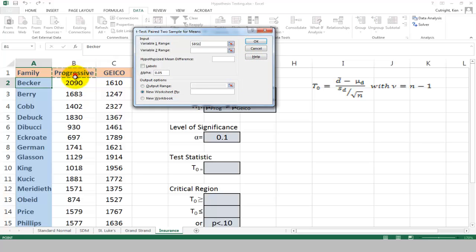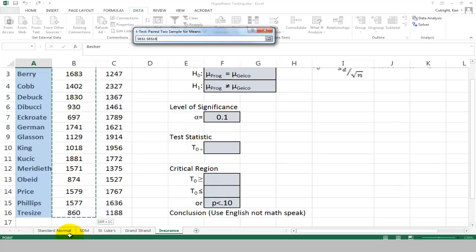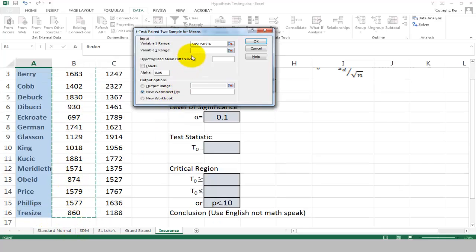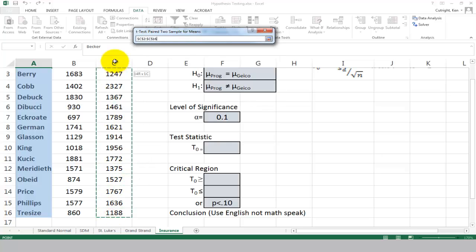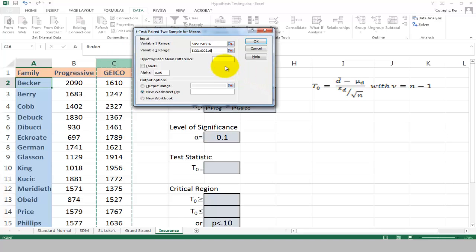And it asked me for the first sample, and I'm going to choose Progressive. The second sample, and by the way, it doesn't matter which one you call first and which one you call second. Again, the hypothesized mean difference is 0. We do have labels. In this case, I'm using a level of significance of 10%, so I want 0.10.